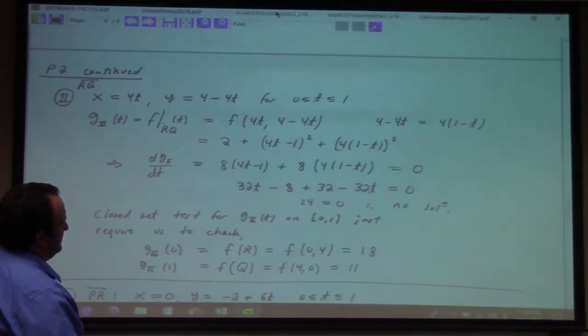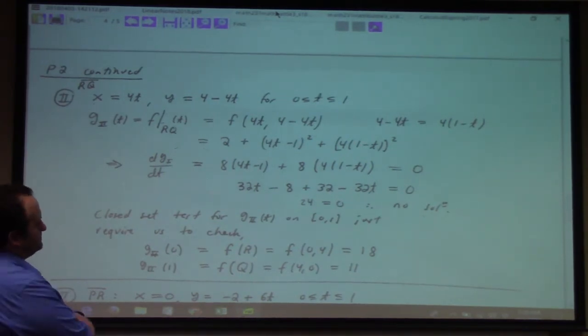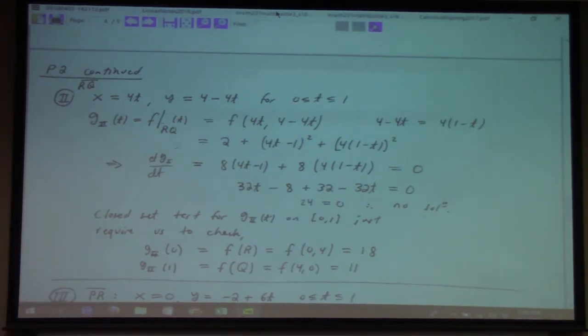You're taking the derivative from the line above to the line below, right? Yeah. Shouldn't there be 2 times (4t minus 1)? Yeah, but that times 4, because of the chain rule, gives me 8. And then over here, I get, oh, here it is. Here it is, guys, right here. Why is this wrong? Should be negative, right?